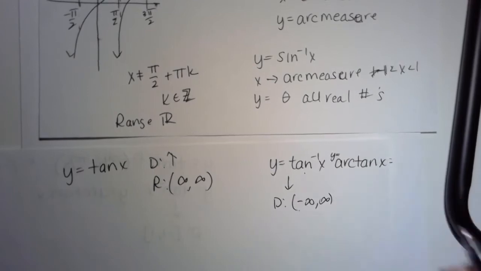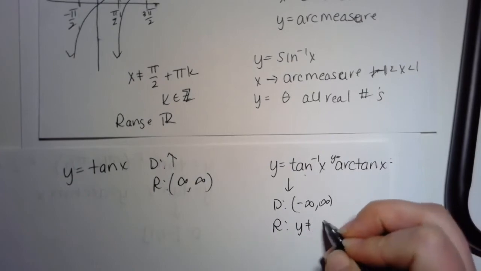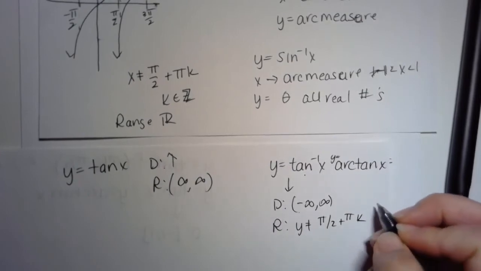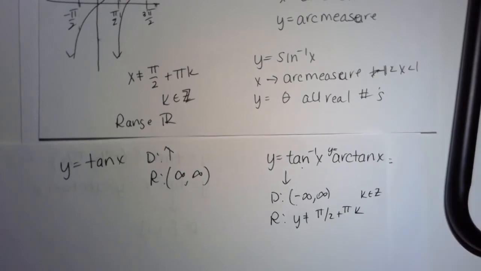And then it's going to have a range where y can't be pi over 2 plus pi k, where k is an element of the integers. As long as k is a whole number that's positive or negative, then this stands true.